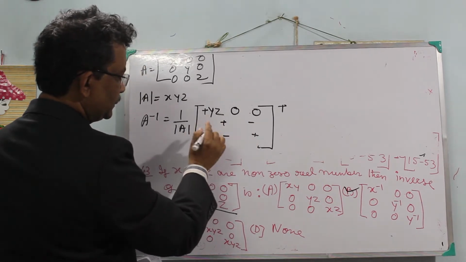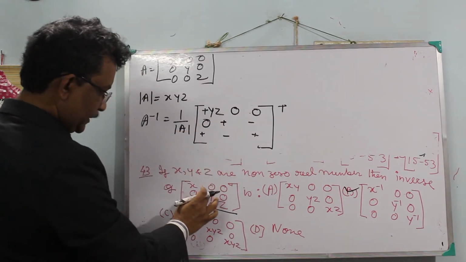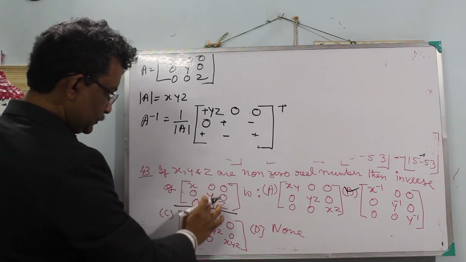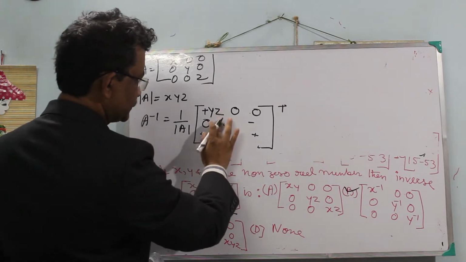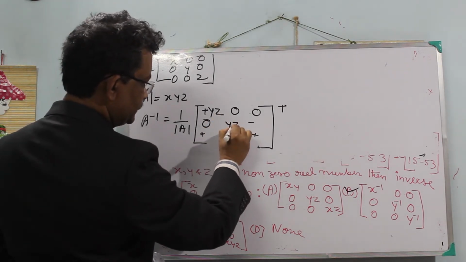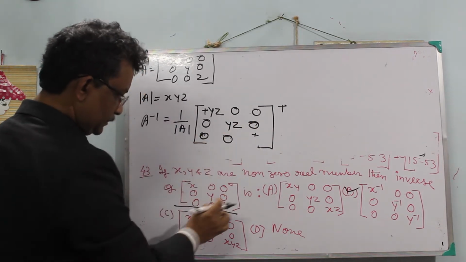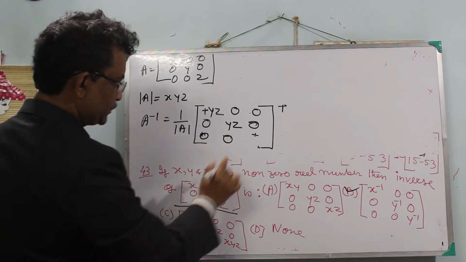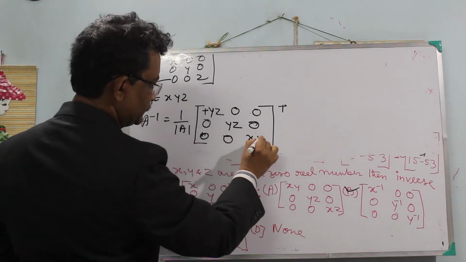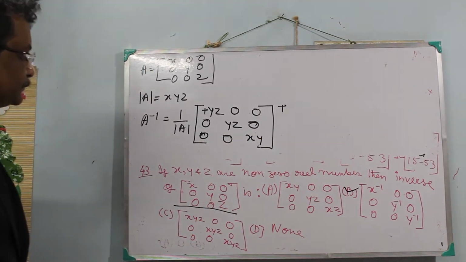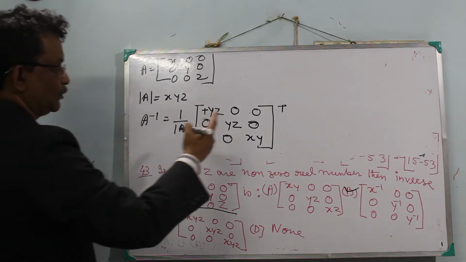So all of these will be 0. Second element, the middlemost, xz plus 0, this is 0, this is 0, and for this element xy. This is the matrix of cofactors.